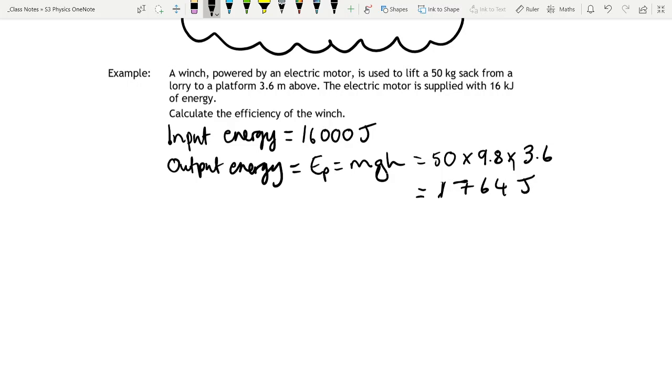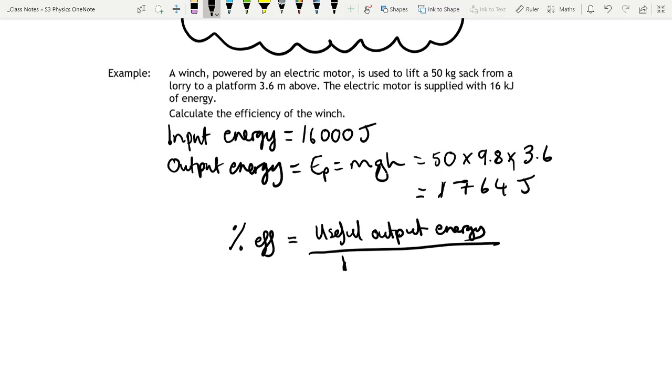So to find out the percentage efficiency, just for ease, percentage efficiency is your useful output energy divided by the input energy times 100.